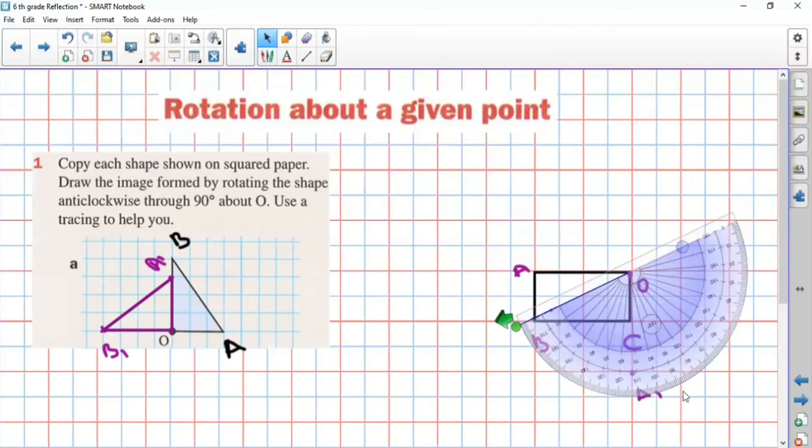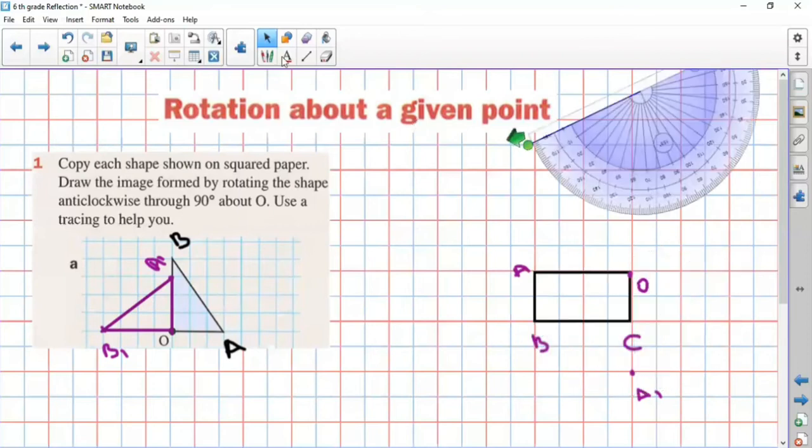Okay, here it is 90 degrees. In this direction, the distance must be kept the same. So the point, okay, it was this direction. Distance will be here. So here I will have B1.